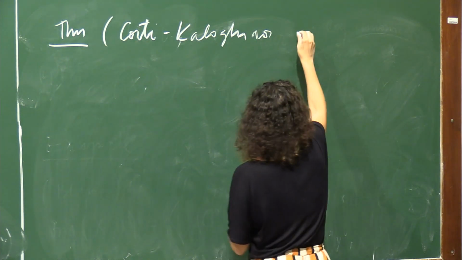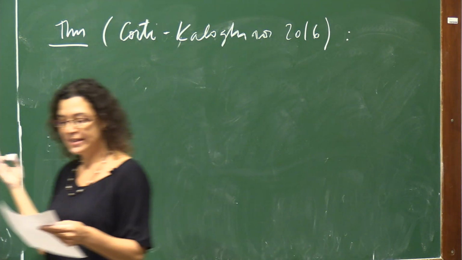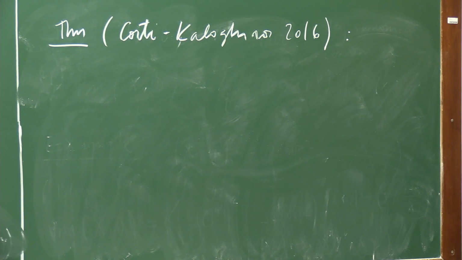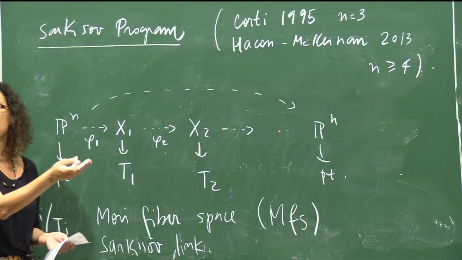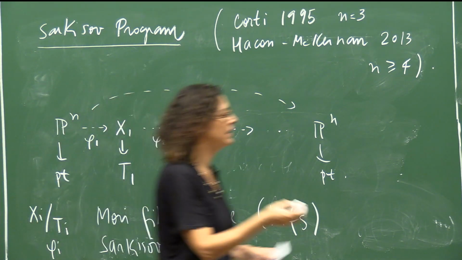So from 2016. And their theorem says that any volume-preserving map between Mori-fiber Calabi-Yau pairs can be written as a composition of Sarkisov links.